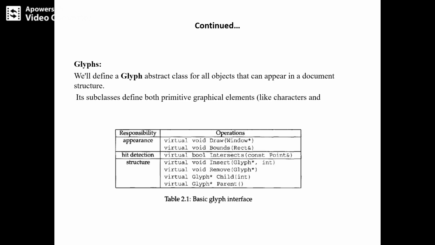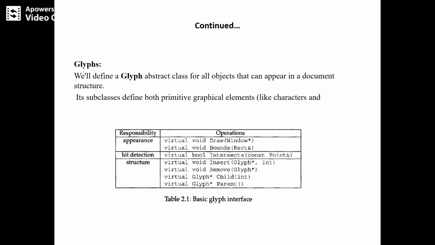Next, hit detection: how it can be done, particularly hit detection will be taken as an intersection of two lines or any two objects or characters and so on. The return type is boolean. It is an intersect with a particular point, which point it can interact with. So that is hit detection. The next is structure.